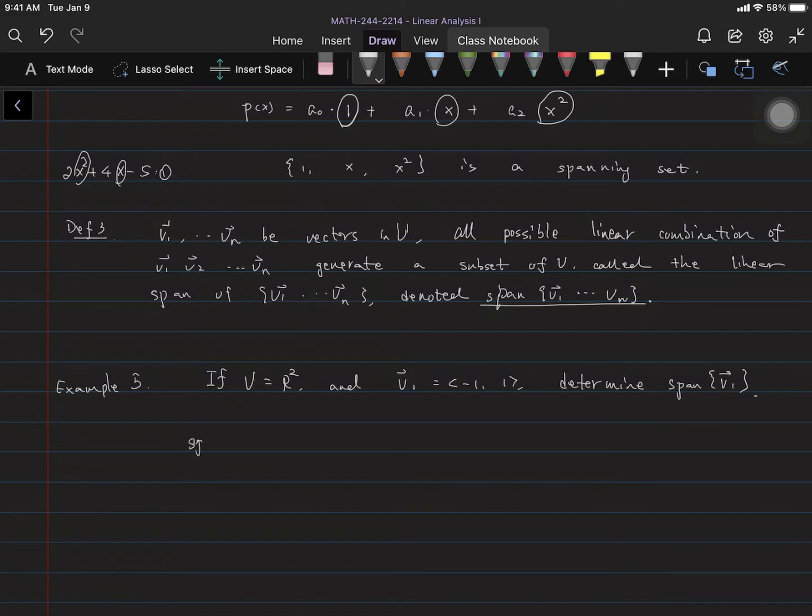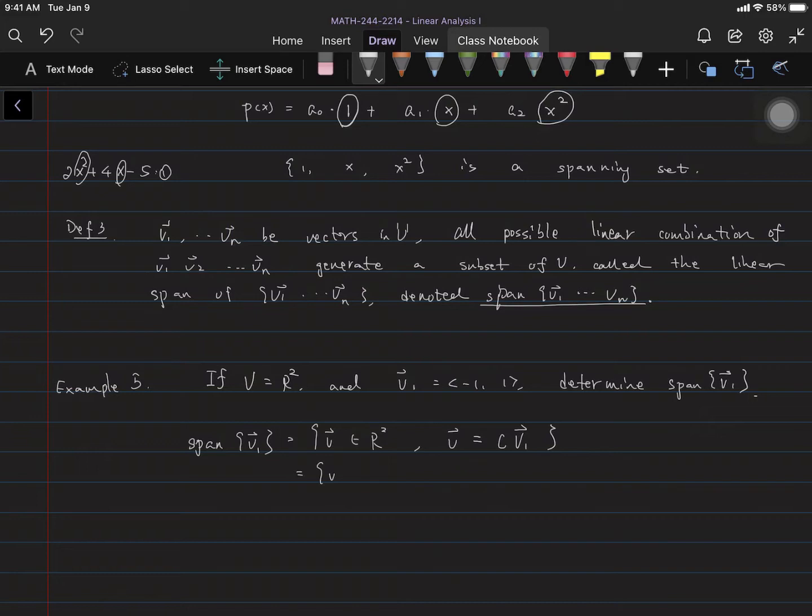So we just write down the new subset as span of V1. The span set of V1 means all the vectors belonging to R2, and all the vectors are linear combinations of V1. Because we only have one vector, we just write it this way.